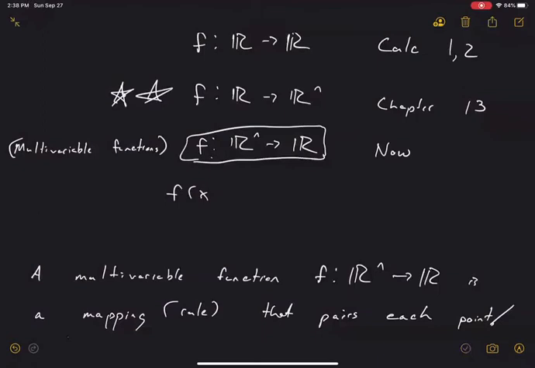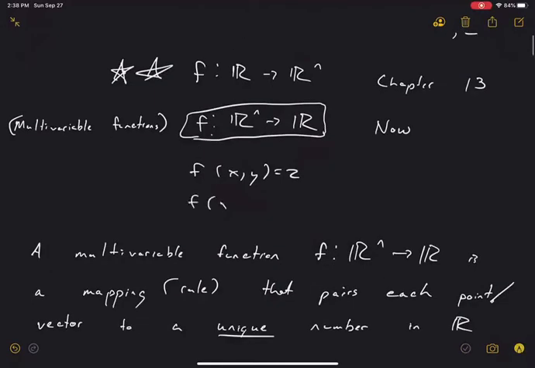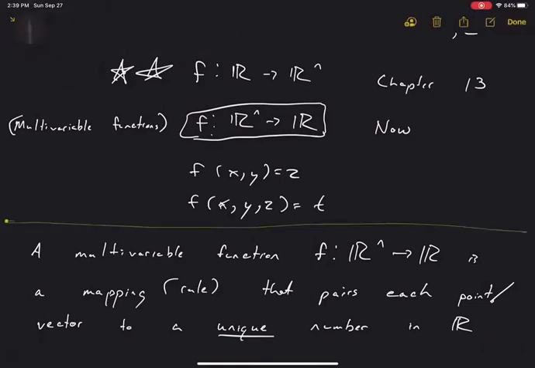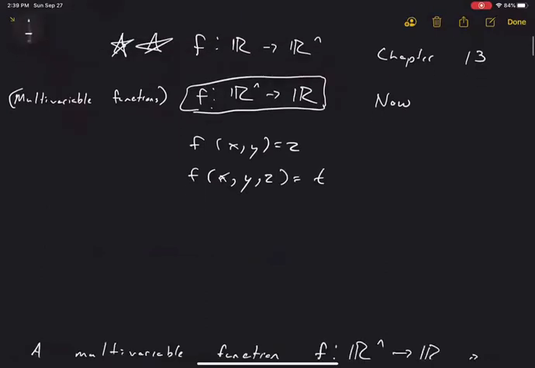What you'll see a lot of times is, if it's a function from R2 to R, f of x y equals z. If it's a function of three variables, maybe you'll see f of x, y, and z equals something. If you start working in higher dimensions, we're running out of letters, obviously, so instead of x, y, and z, we'll use x1, x2, x3, x4, and so on.